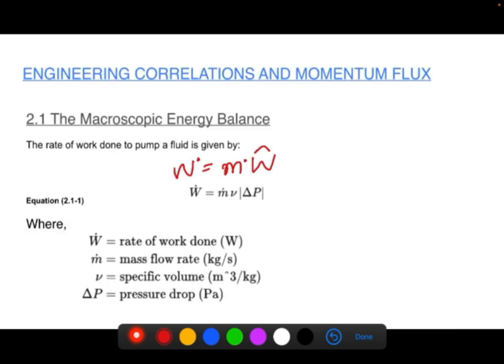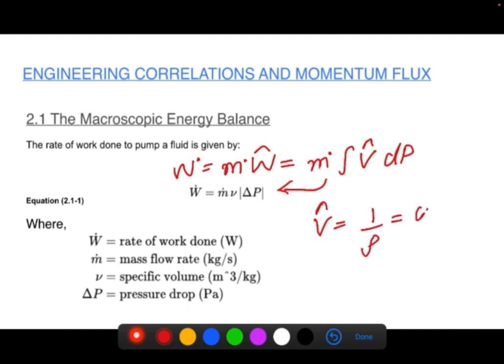That would be equal to mass flow rate times the integration of volume into dP. This would give the equation: work rate equals mass flow rate times specific volume times delta P. Here specific volume is given by 1 by rho, and this is a constant value.